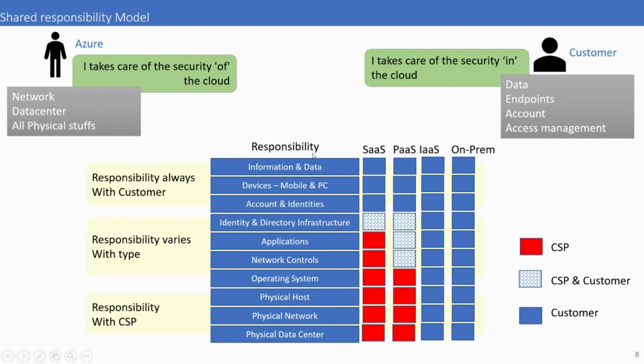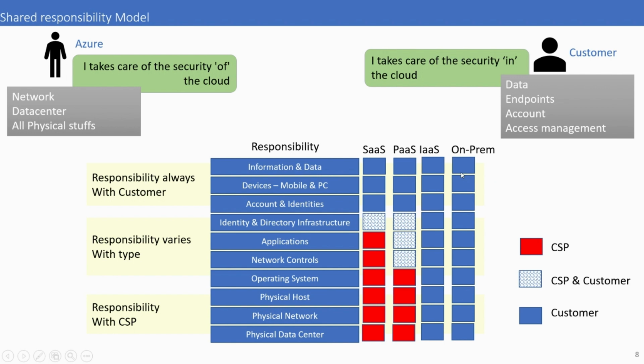I have shown some examples of responsibility areas, and then I grouped them in terms of software as a service, platform as a service, or infrastructure as a service, and then finally on premises. If you look here, the complete blue is meant for the customer.